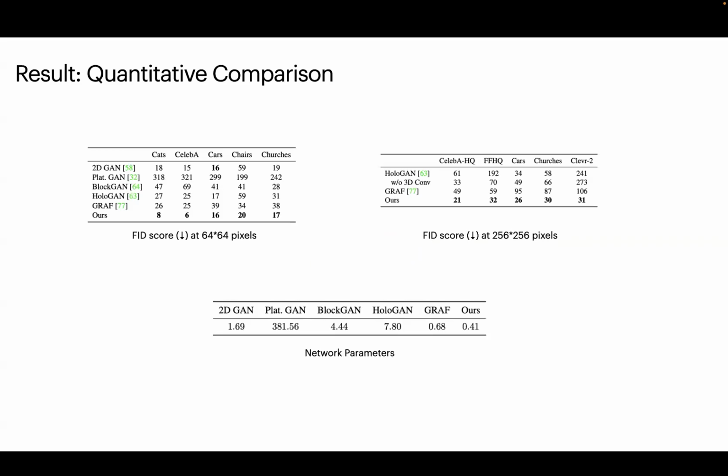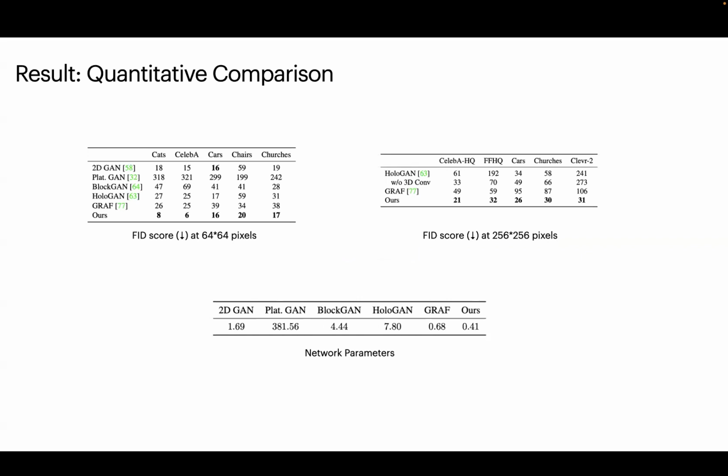So let's get back to the results, as we haven't seen the results of the generated photos. Let's see how their quantitative results look. This is their FID scores at the rendering time.